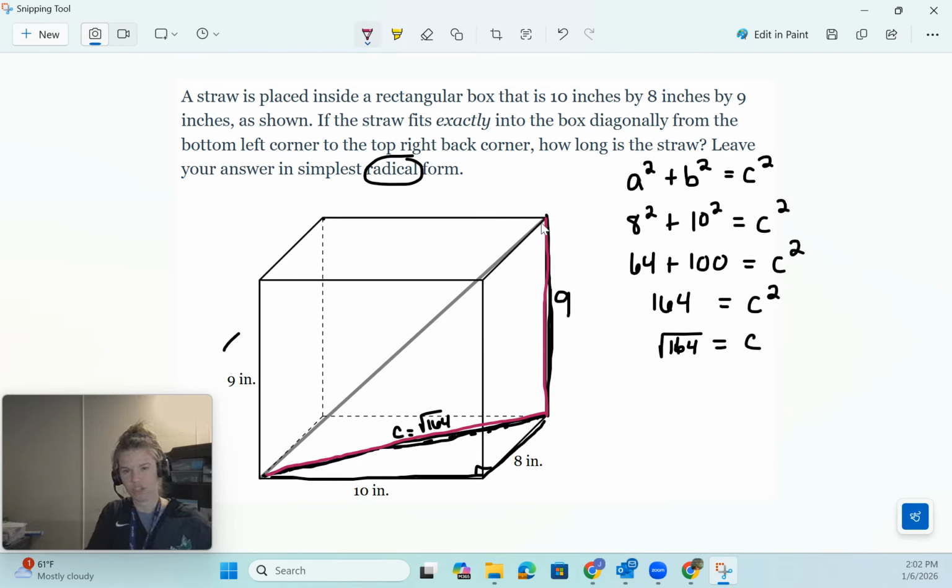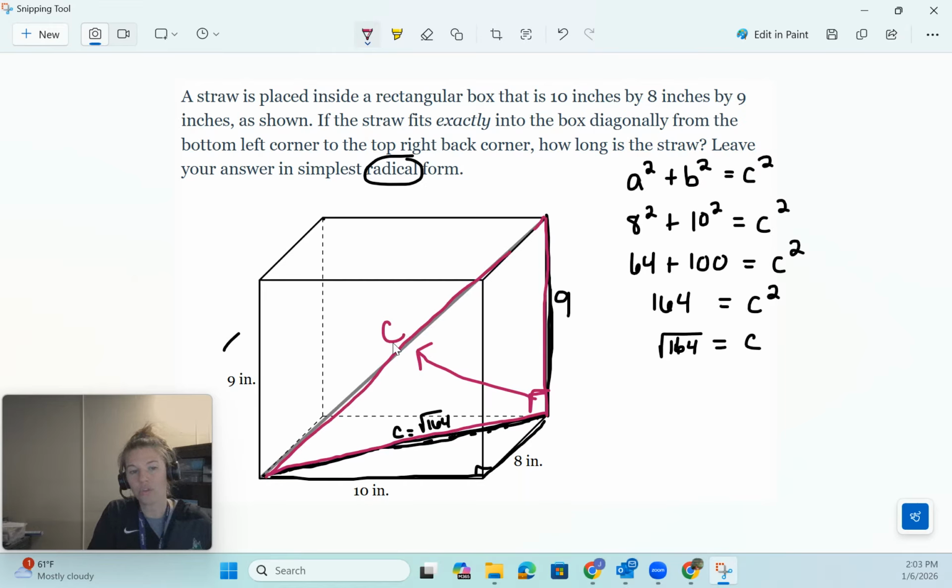That's the triangle attached to the straw that goes through my figure. So now we have the square root of 164 and 9 as our a and b, because our right angle is now here, and the opposite is obviously our hypotenuse.